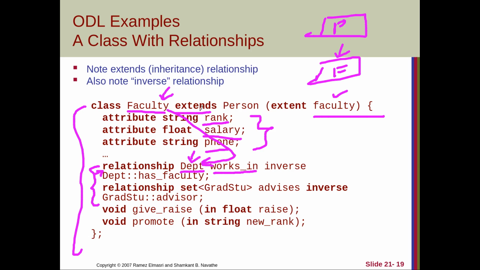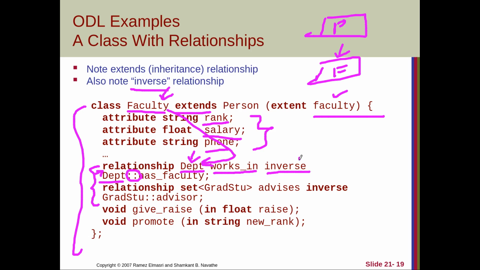As I have mentioned before, we need to specify the inverse relationship also, how it is oppositely related. So normally when we specify a relationship, we specify the inverse relationship also. Relationship department works in, so faculty works in department. Then by using the inverse keyword, how is it inversely related? That means department, double colon. This is the way we specify the inverse relationship.